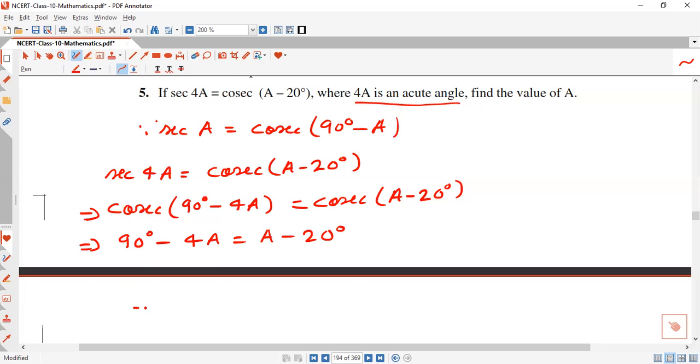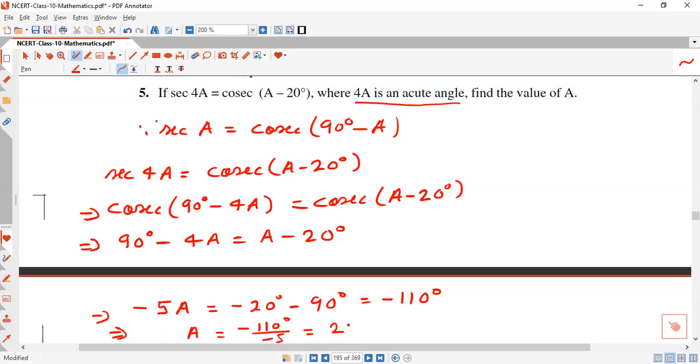Taking A to one side, minus 5A equals minus 20 degrees minus 90 degrees, or minus 110 degrees. So A equals minus 110 degrees divided by minus 5. This comes out to 22 degrees. So angle A is 22 degrees.